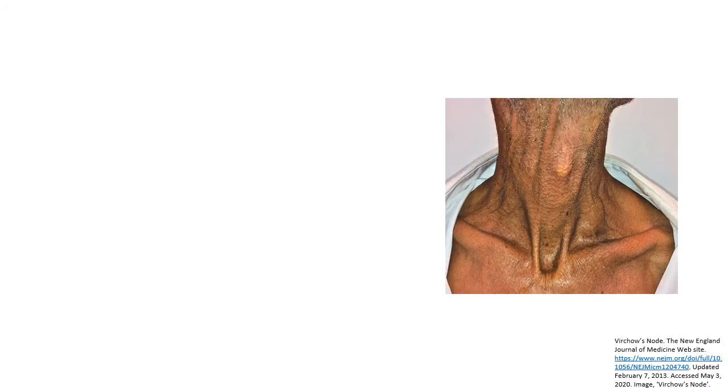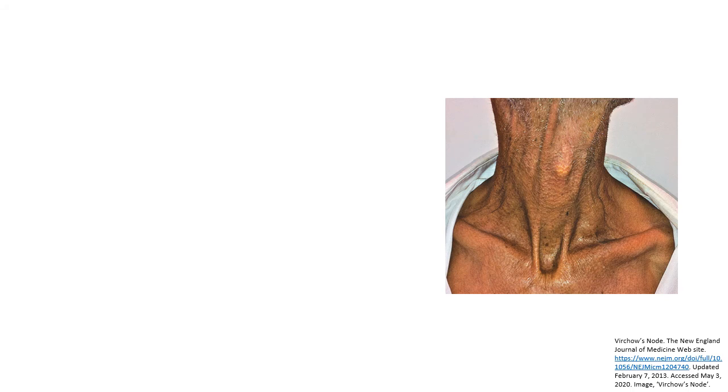Alright, so the second group of pathologies that I want to talk about today are actually related to the concept of cancer. And if you can look in this image over here, hopefully you can see that what's wrong is that we have an inflamed lymph node on the left side of this person's neck. You may be wondering, well, how did you know that?